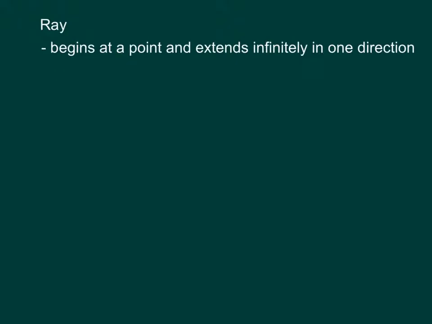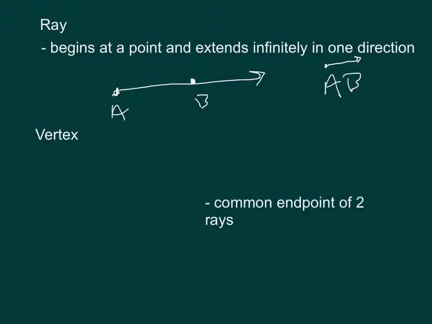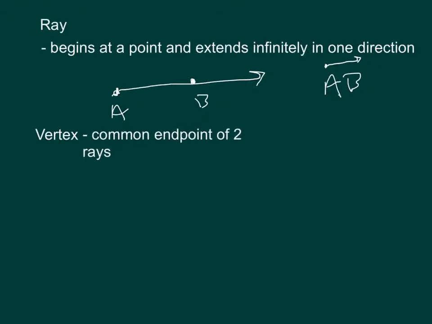So if I took point A, and I started at that point, and I went out in one direction and added my arrow to it here, maybe put a collinear point there, B, in between, that would be ray AB, represented by AB, and then above that, another little ray symbol, just like that. So that's ray AB.